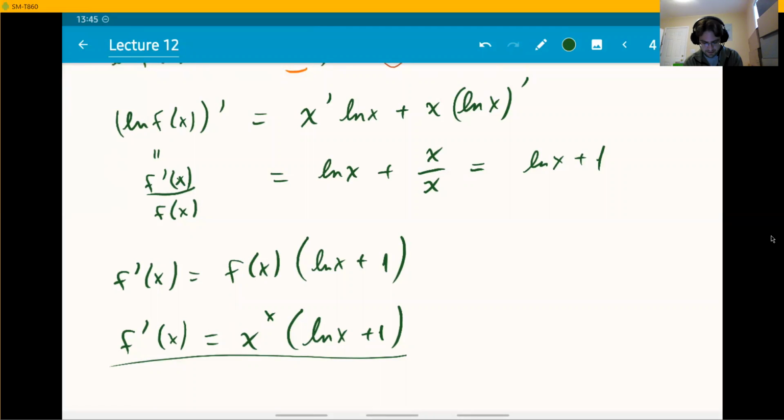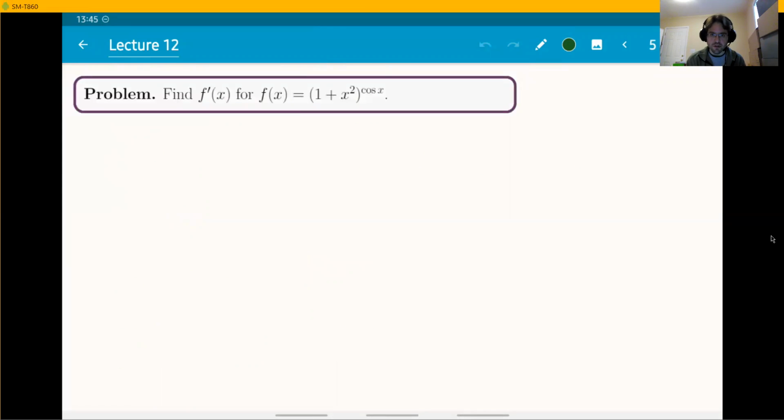Moving on. I have just one more of this, and then we can move on to implicit differentiation. This is similar to the previous one, just more complicated functions. f of x is now, again, a tower type of function. It's a function raised to another function. 1 plus x squared raised to cosine x.